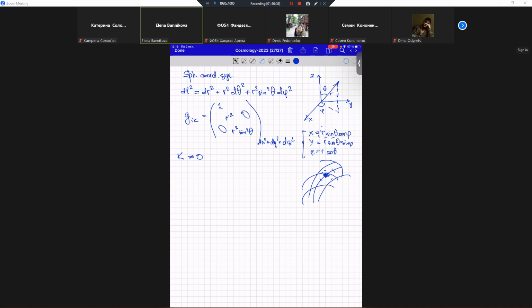We will consider why we need this operation, because our final goal is to obtain the equation of the gravitational field.